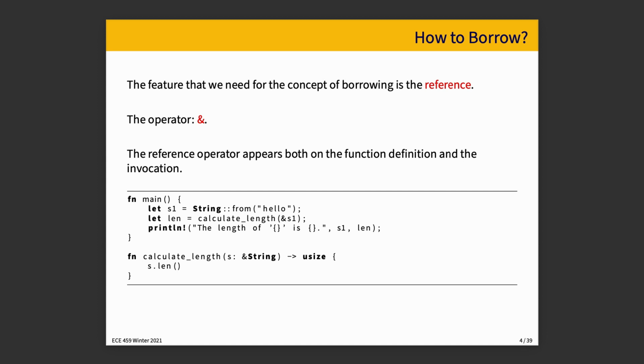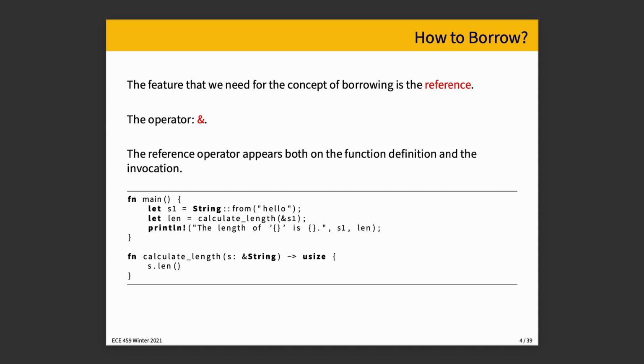And then when we have returned from this function calculate length, that borrow is finished. It is returned, main has it back. So the reference that is created when we call ampersand s1, reference to s1, goes into the function calculate length. The borrow takes place at the time of the call, and the borrow ends when that function is over, when the reference goes out of scope.